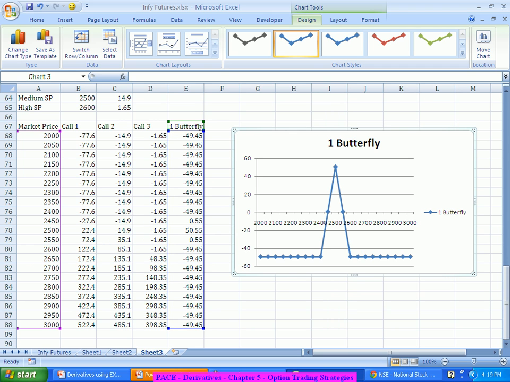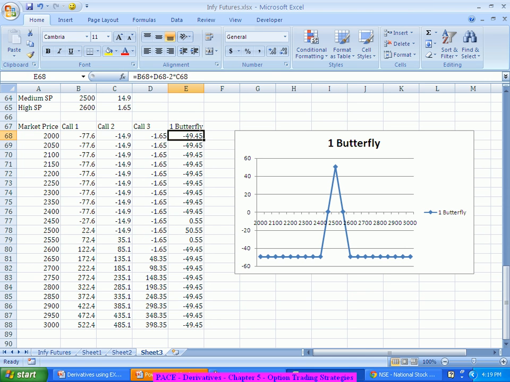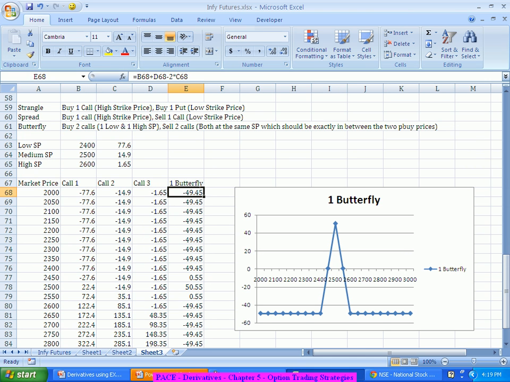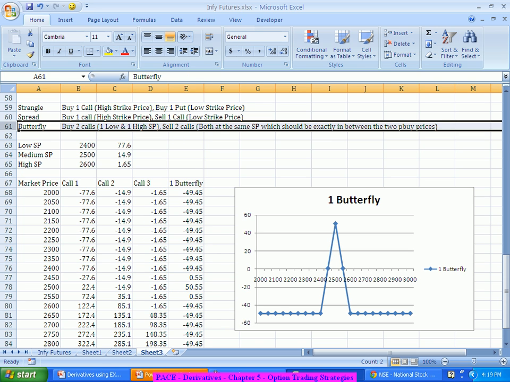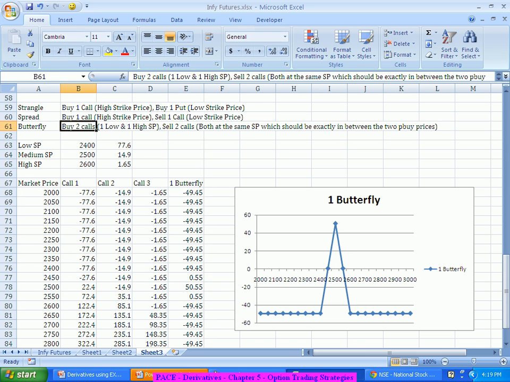Now what did I talk about the butterfly here? This is the thing which I said, buy two calls, one of a low strike price and one high. Buy 1 unit of call 1. So just go with this statement, buy two calls, one low and one high, means this one and this one.